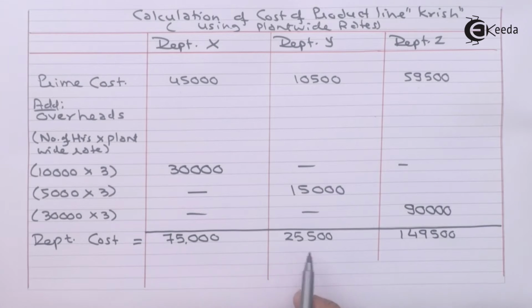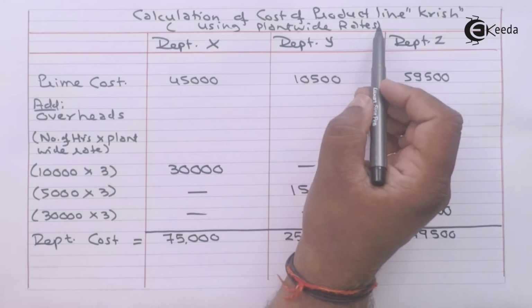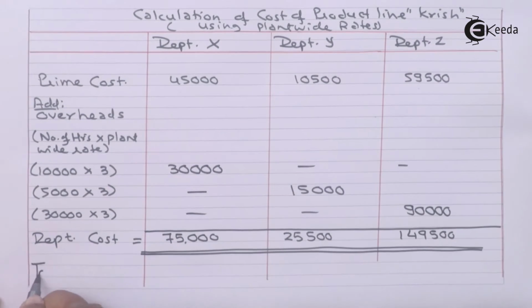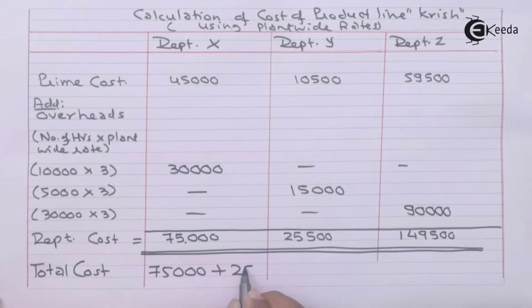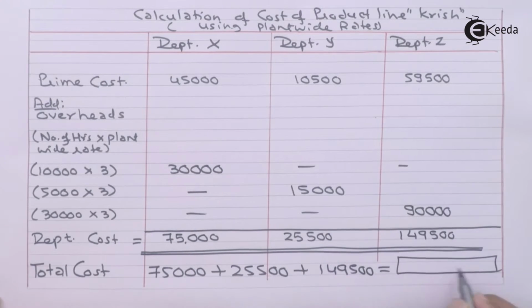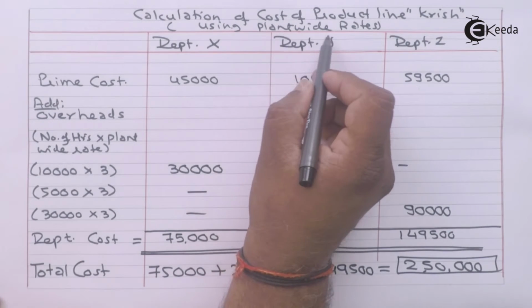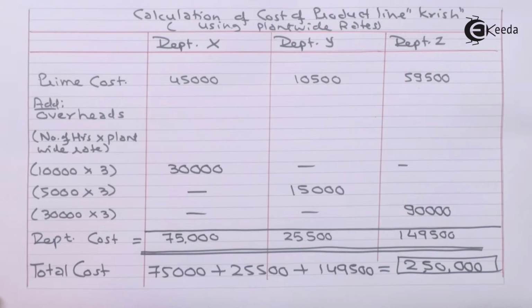We can add now all these departmental costs to arrive at total cost of product line Krish. So if we use plant-wide rates, total cost of product line Krish is 2,50,000.